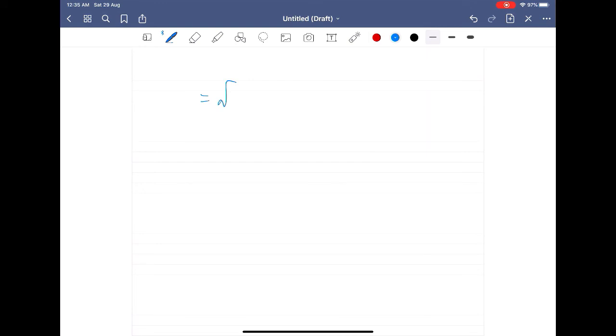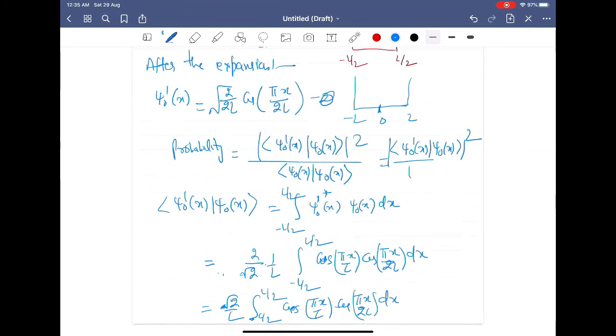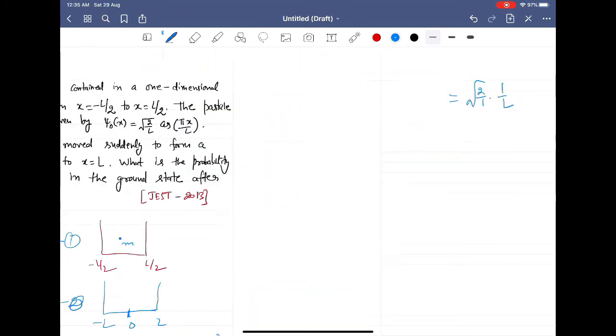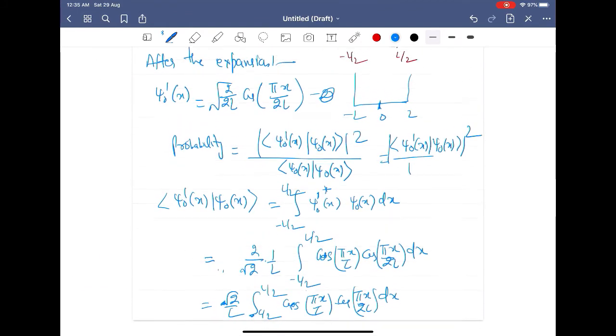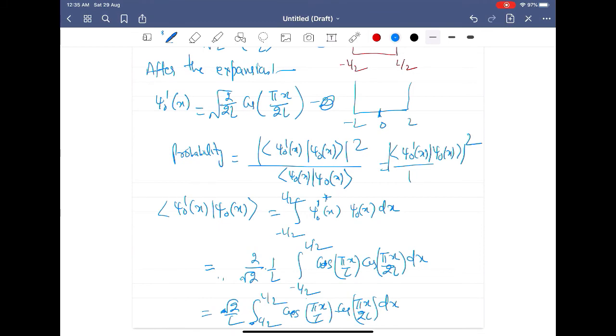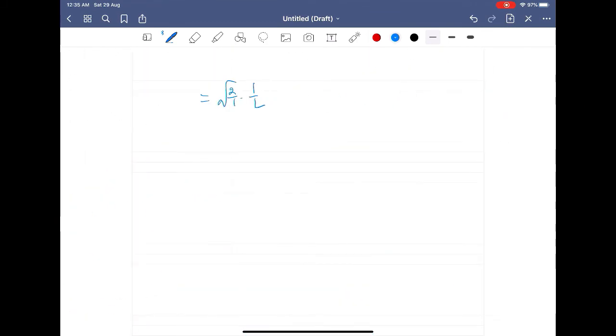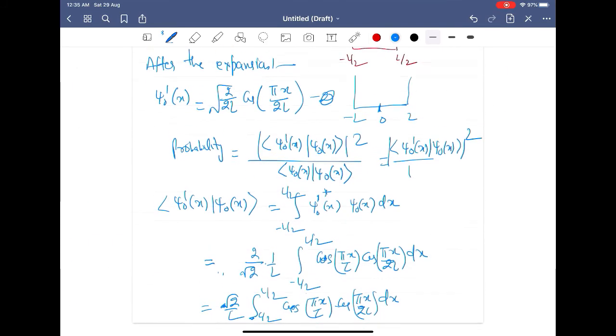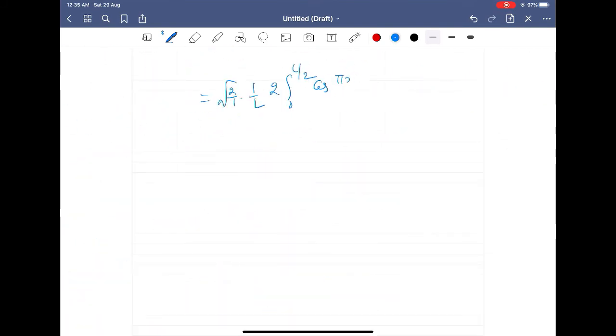So we have to solve this expression, and I get root 2 by L, integral from minus L by 2 to L by 2 of cosine pi x by L into cosine pi x by 2L dx. Now the integrand is an even function with respect to plus x and minus x, so I can use the property of the definite integral and write it from 0 to L by 2.